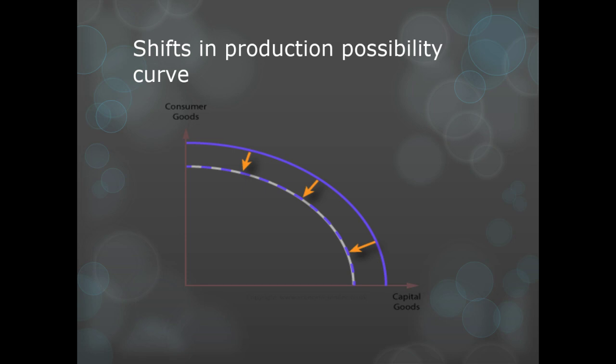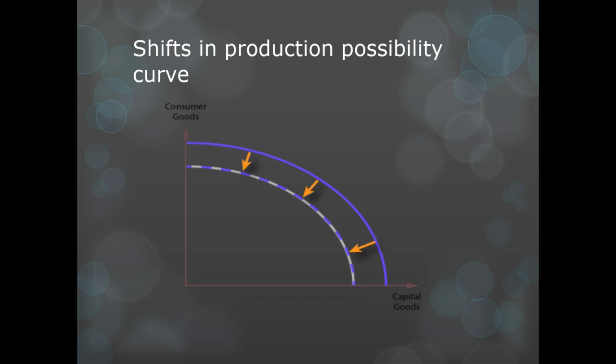This fall in production may be because of underutilization of available resources, unemployment in the labor force, natural calamities, war, all these kinds of things. Even if you take an agriculture-based economy, even lack of rain or lack of availability of labor force can be reasons for a backward shift in the production possibility frontier.